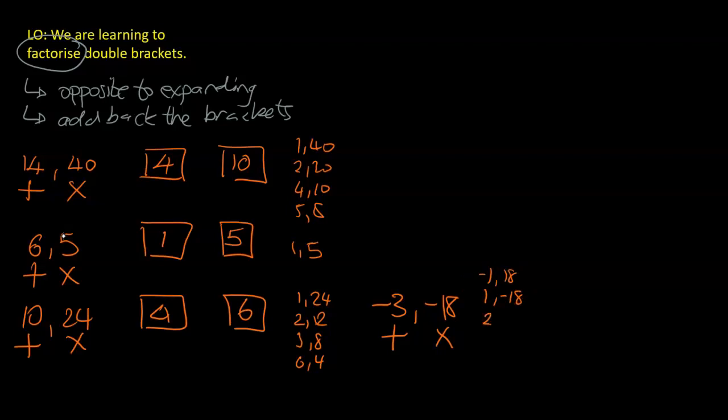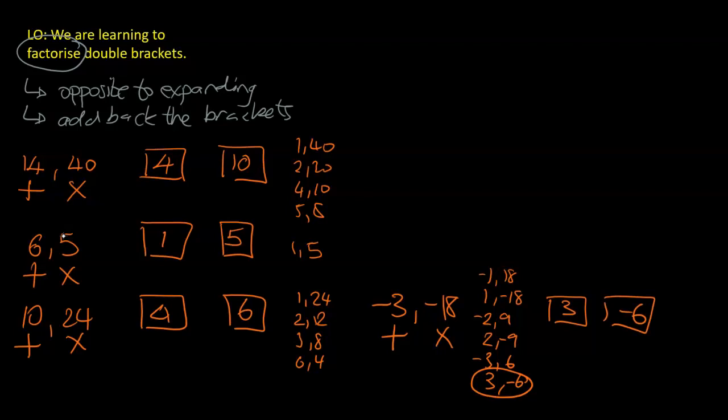It could be negative 2 and 9. It could be 2 and negative 9. Could be negative 3 and 6. Could be 3 and negative 6. Don't think I can think of any others. So we've then got to look, well, which of these combinations are going to add to negative 3? And that's going to be the last one. So in that case, the numbers here are 3 and negative 6.